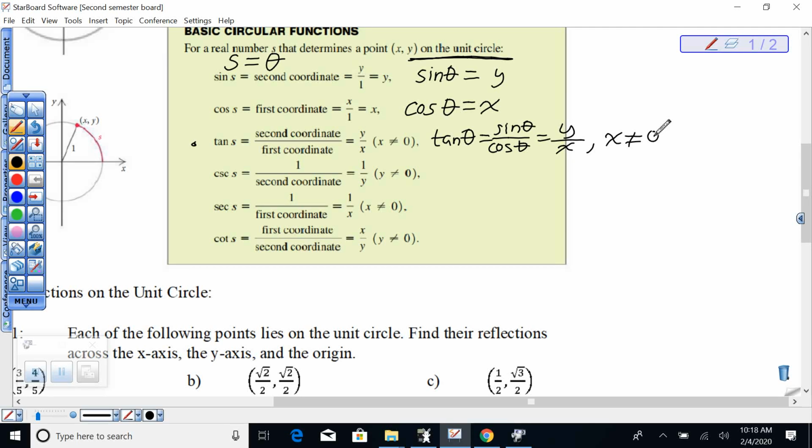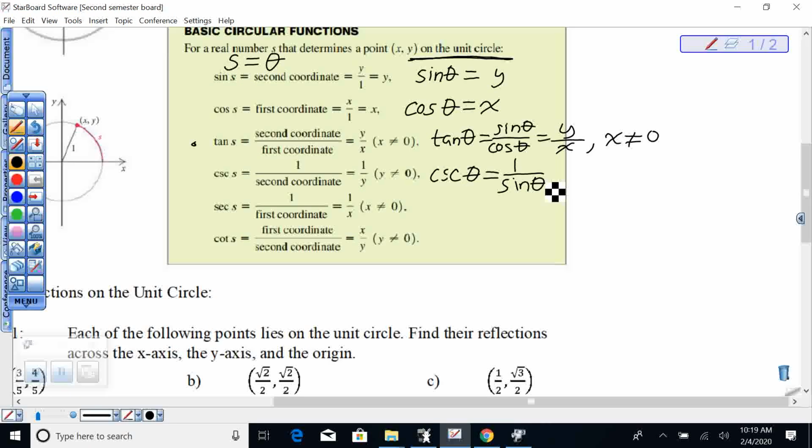Cosecant is 1 over the second coordinate, or 1 over y. But let's think of cosecant in terms of sine. Cosecant is the reciprocal of sine, so the cosecant of theta is equivalent to 1 over the sine of theta.